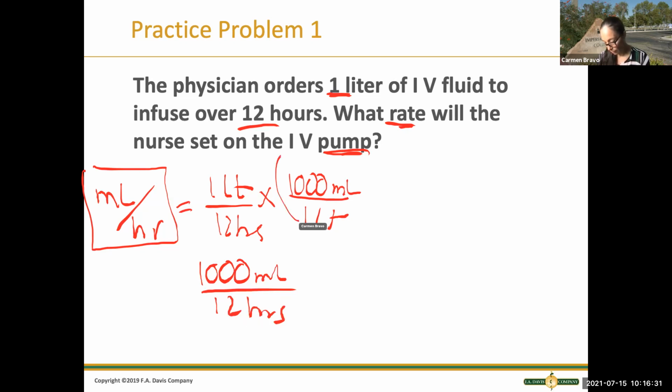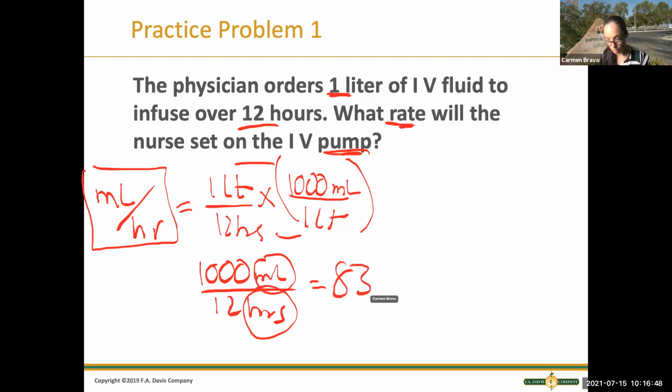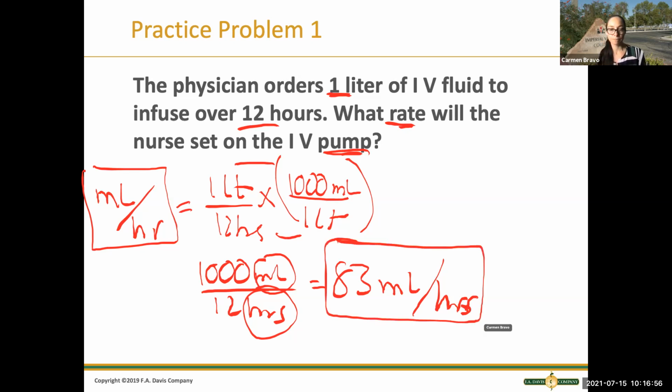Or you can add in the conversion table, which is going to come out the same. mLs per hour, that's what I'm looking for. We don't need to add anything else to our conversion here. So 1,000 over 12 is 83 mLs per hour. That will be my answer.